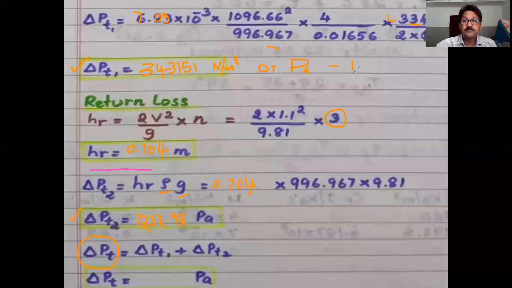Add this one, first number one, add this one, and you will get the total. Plus 343151. So this will be 388.